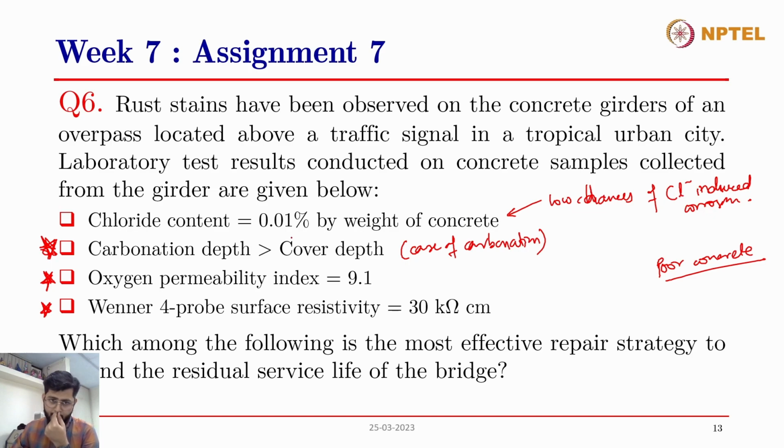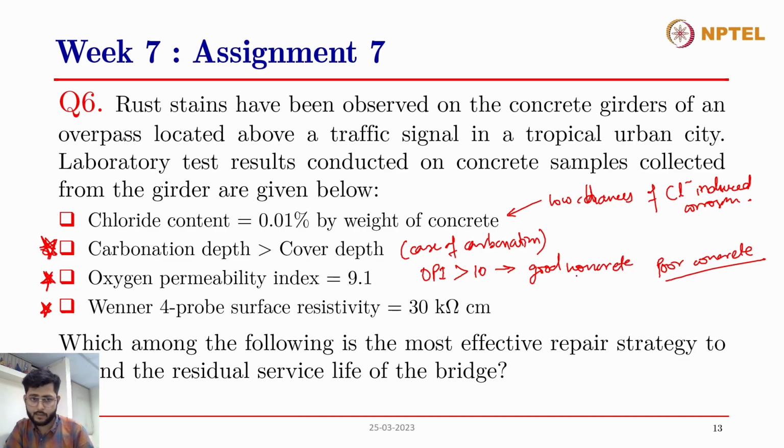Apart from that, we did the oxygen permeability test, and we saw that the OPI is 9.1, and we know that an OPI value greater than 10 is a sign of a good concrete. Good concrete has less permeability to gases.